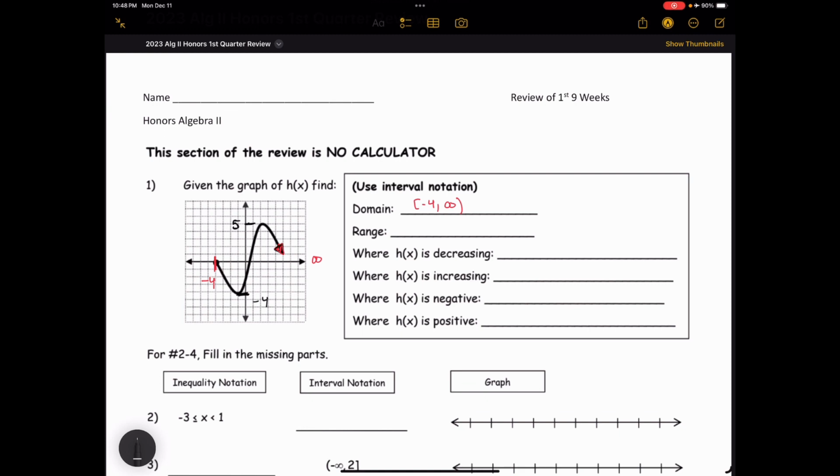However, because of the arrow, it implies that it goes on forever. So this is actually going down, right? Because we're talking about the y values, the range, it's going towards negative infinity. So this range is going to be from negative infinity up to and including 5, so we'll use a bracket.